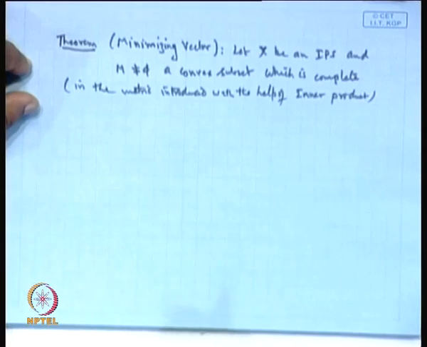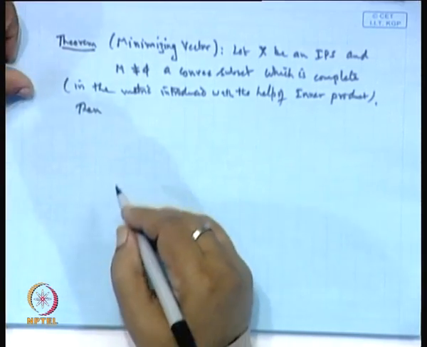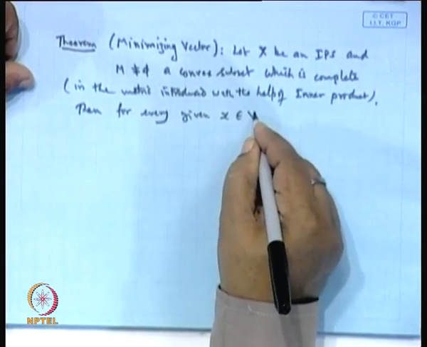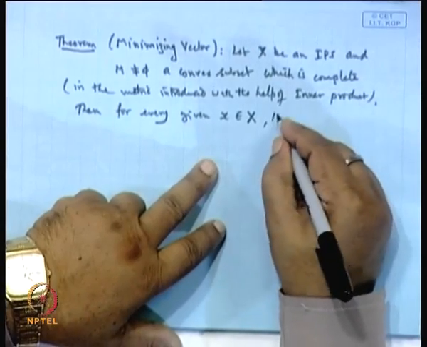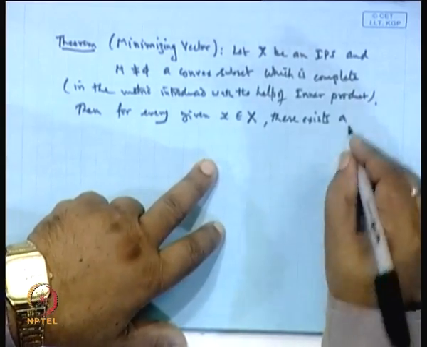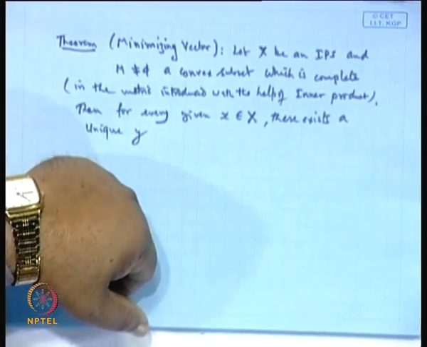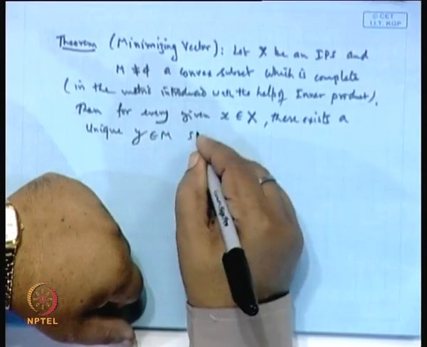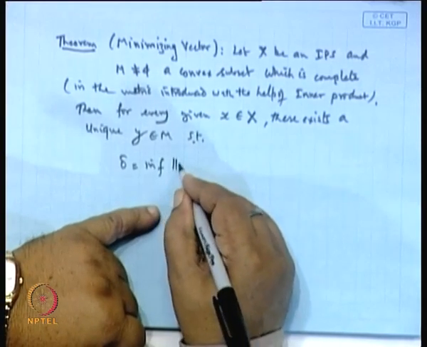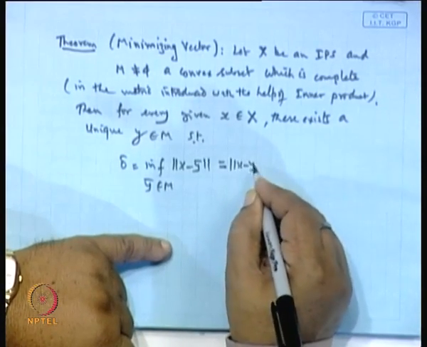With the help of the inner product, you introduce the metric, and then this result says that for every given x belonging to capital X, there exists a unique y belonging to capital M such that delta, which is the infimum of norm x minus y over y belonging to M, is equal to norm of x minus y.